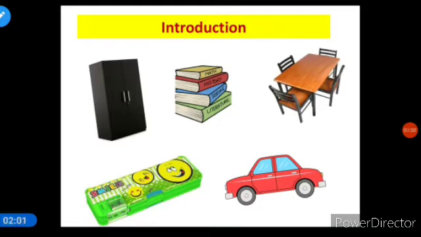Like in your home, your study table occupies a corner of your room, and the almirah also occupies some space in your room. Even in a bookshelf, the books also occupy some space.